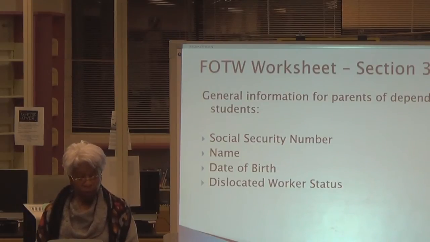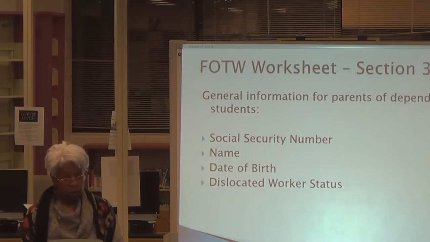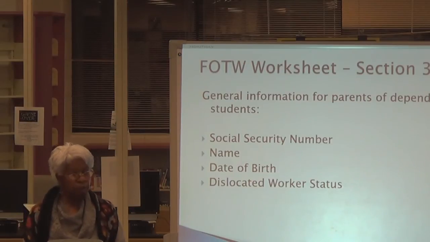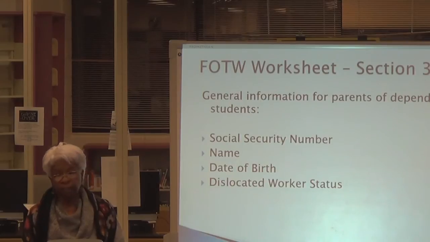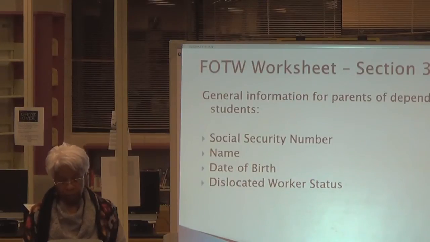It's also going to show some other benefits that you might have, some assets that you might have, and some untaxed income. This is your section. So you need to take a look at your section and how you need to complete that. So work with your student on that information.